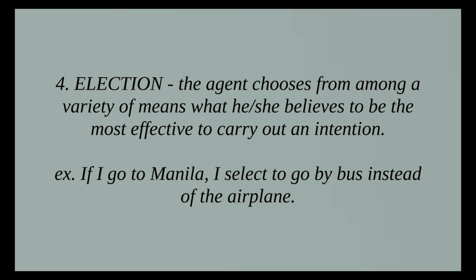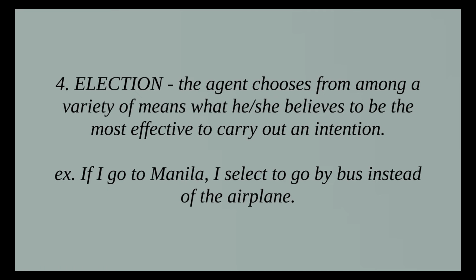Next is election. The agent chooses from among a variety of means what he or she believes to be the most effective to carry out an intention. Example here, if I go to Manila, I select to go by bus instead of the airplane. What else?